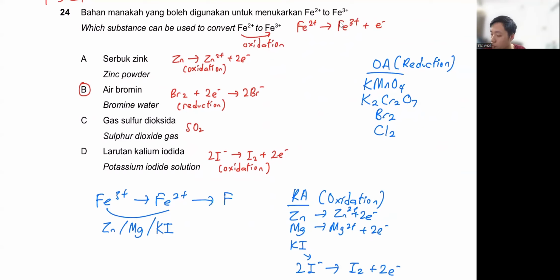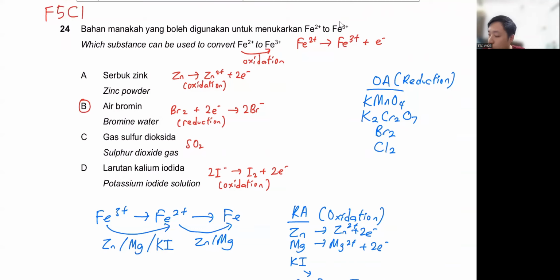If Fe2 plus becomes Fe, then you normally use either Zn or Mg. This is the part you should know. But if it's Fe2 plus to Fe3 plus, then you know they are using an oxidizing agent. So the only possible one is B, bromine water. Zinc powder is used when Fe3 plus goes to Fe2 plus, and also potassium iodide, as I mentioned.